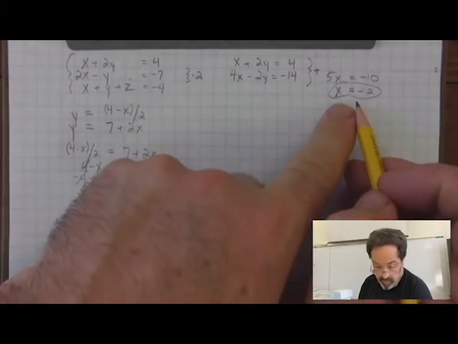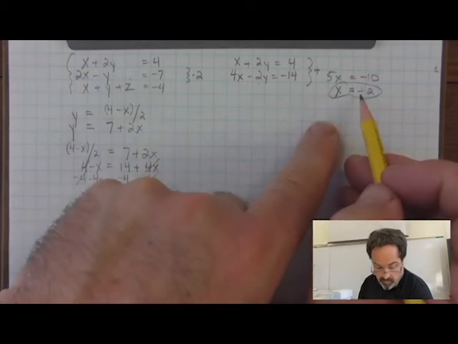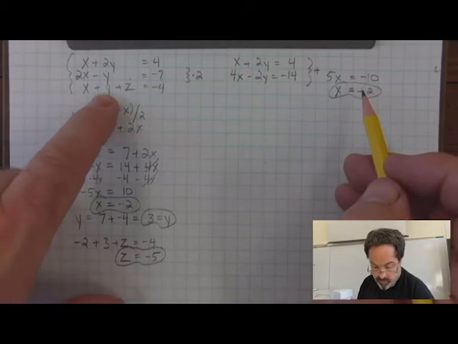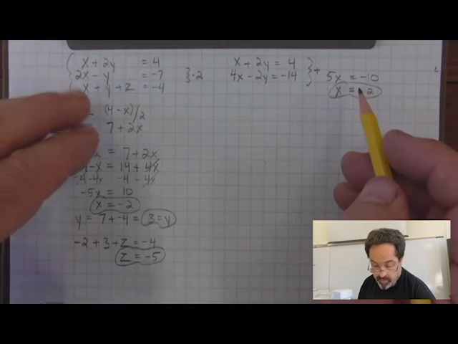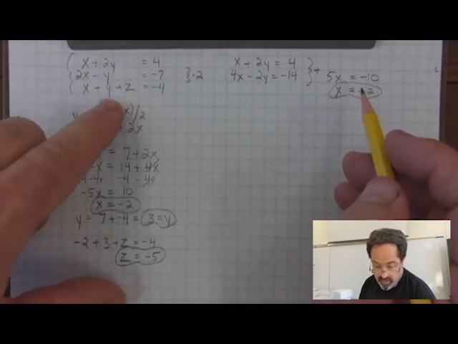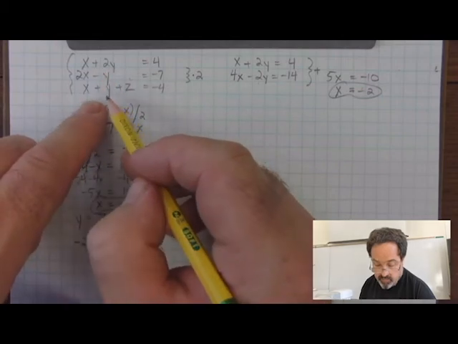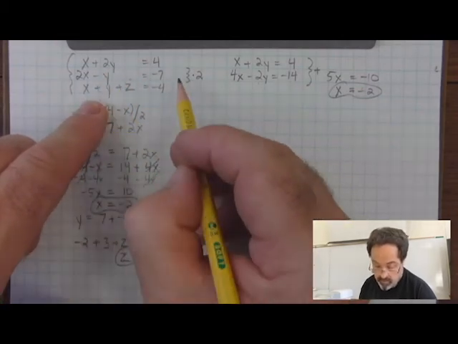Now that I have a value for x, I'm going to use another strategy. I'm going to take these two equations, the original second and third, and by the same reasoning, if I add these two equations, because the y term is equivalent but opposite in sign, they will eliminate.